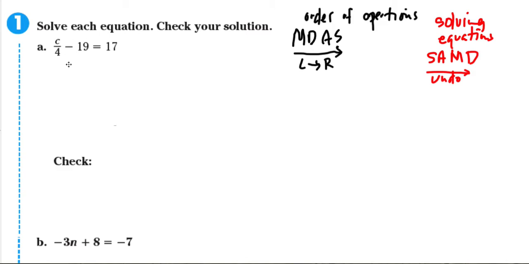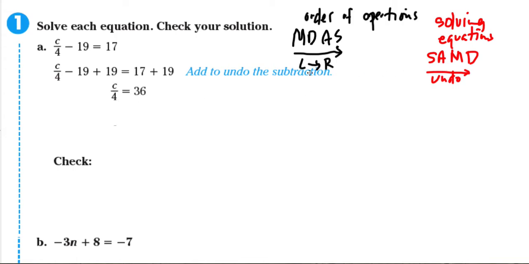So we have C over 4 minus 19. Since we want to undo subtraction first, we need to undo negative 19. And in order to undo negative 19, we simply add 19 to both sides. If you add 19 to both sides, we undo negative 19, so we end up with C over 4 equals 36.